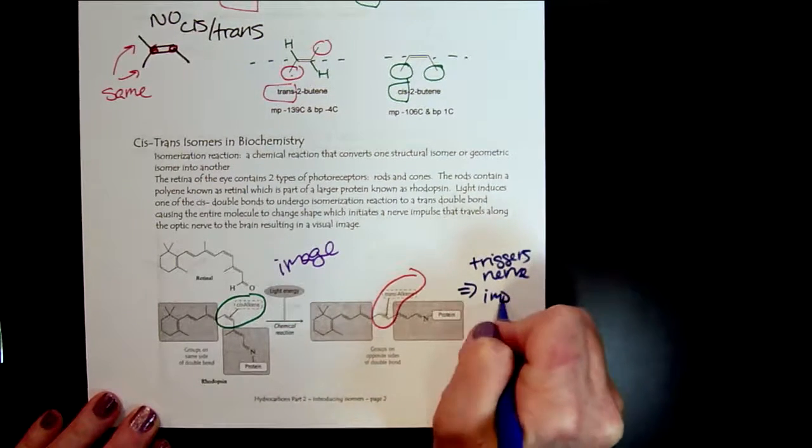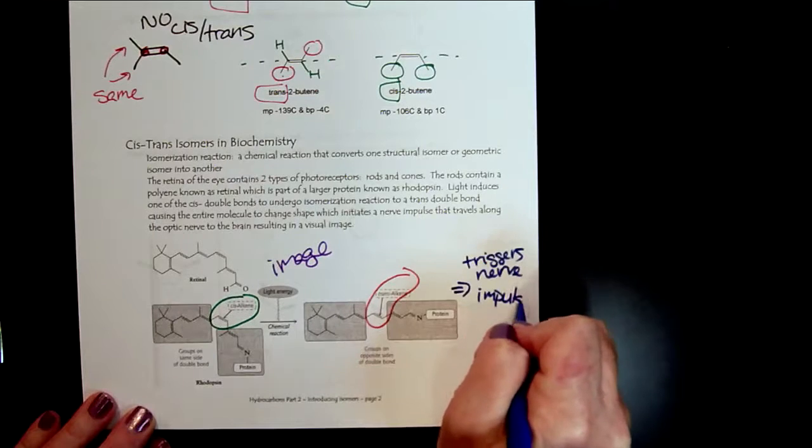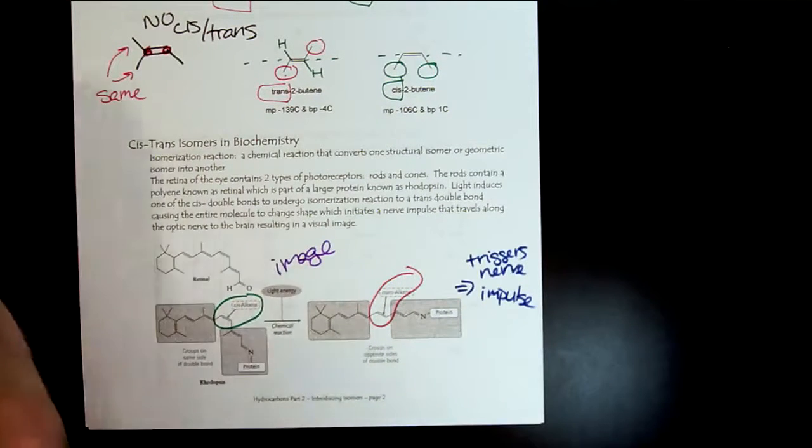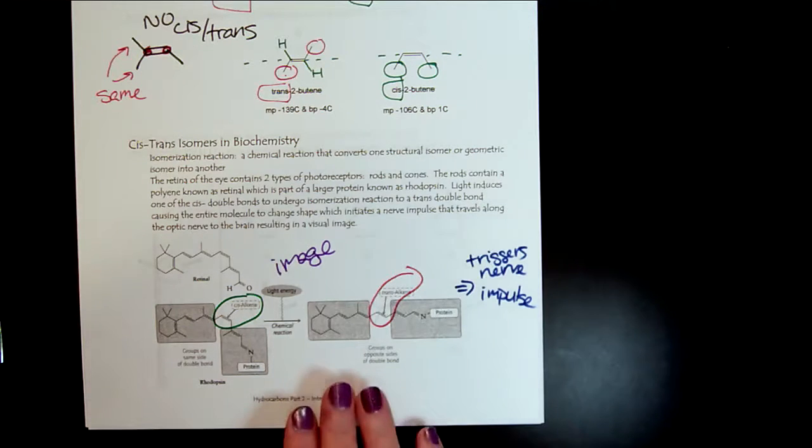And that gives us vision. So cis trans isomers are an important aspect of chemistry, and they're helping us learn more about it.